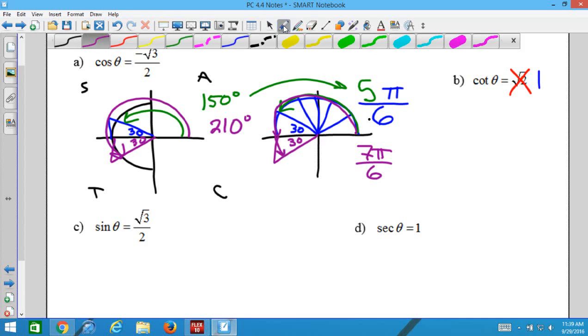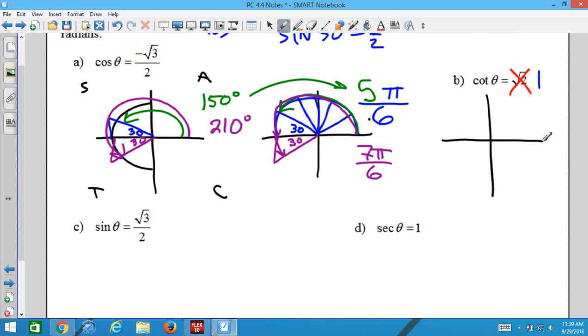Okay, I am going back up here and recording again. So for this one, cotangent theta equals 1, and we looked at our chart. We saw that tangent is 1 at 45 degrees. And where is tangent positive? First quadrant and third quadrant. So that's what my picture would look like.